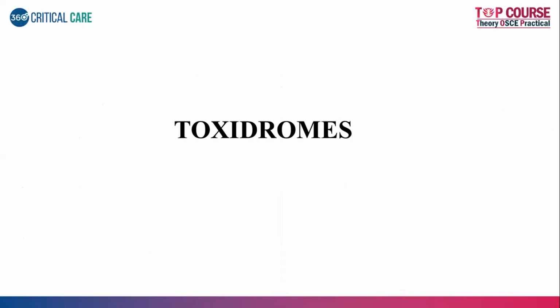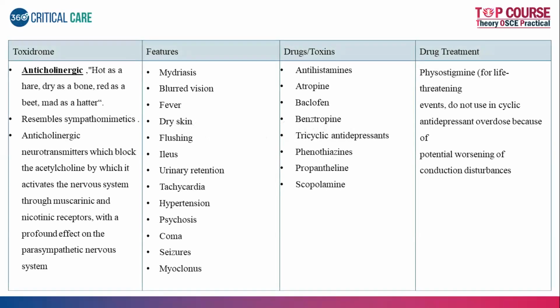Third, some laboratory parameters with examples, and you can mention one of the toxidromes which you actually know. You can either mention anticholinergics, narcotics, or any other examples in detail.